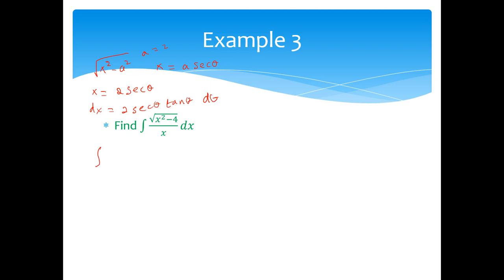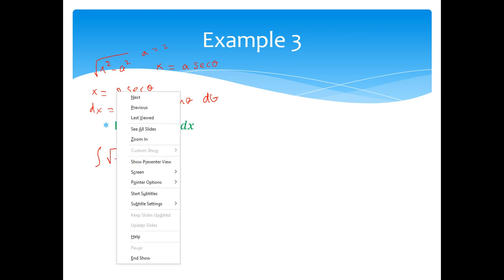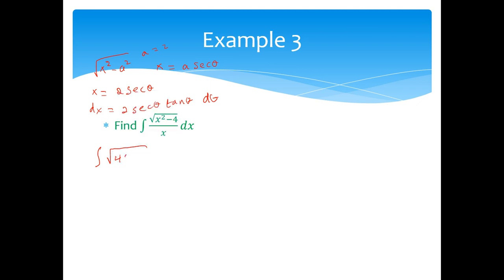So at this point, when we plug in these, we're going to have secant squared theta minus 4 divided by 2 secant theta.